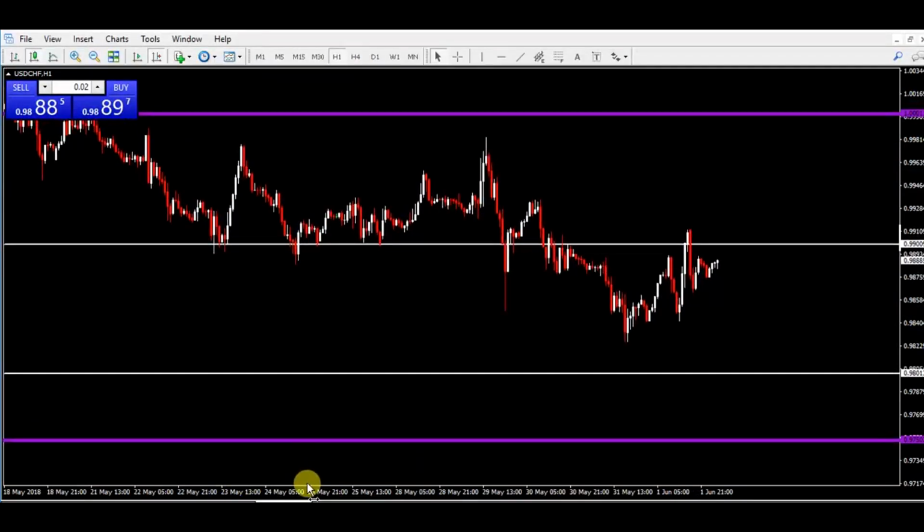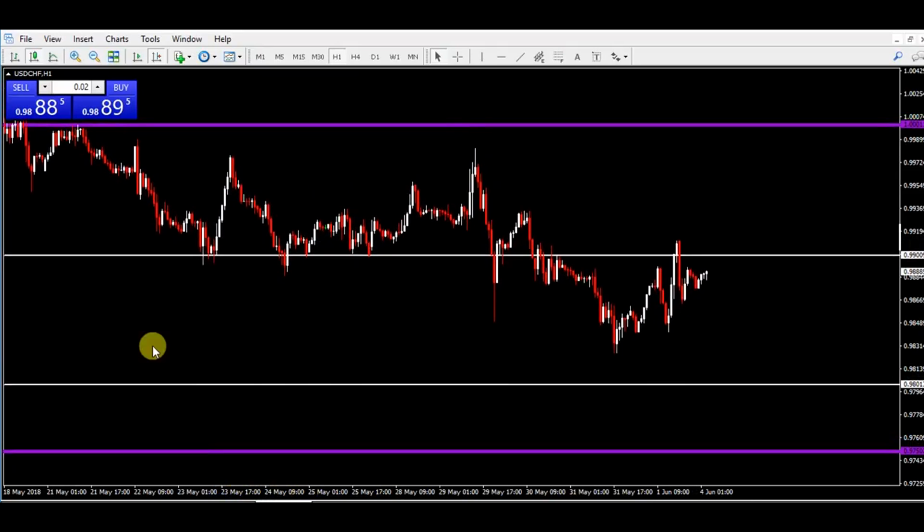Same area, a little more detail of what's happening. Support. That previous support area, boom, broke down, came up into that same area here to potentially act as resistance for further downside movement.